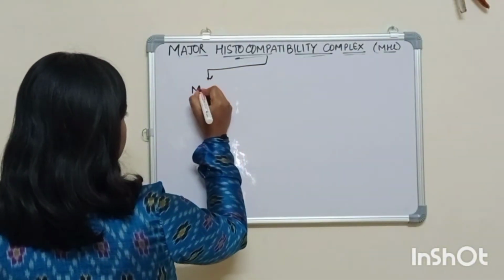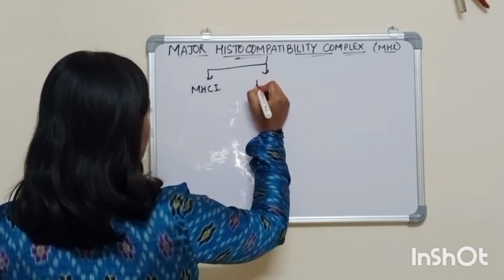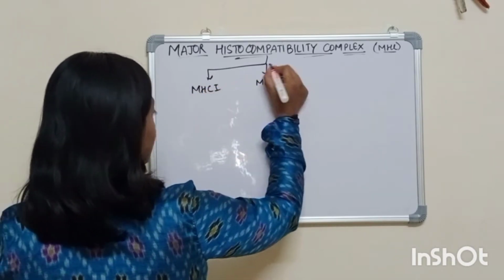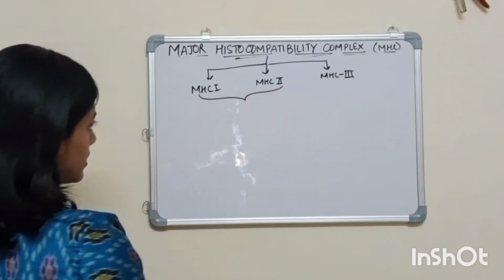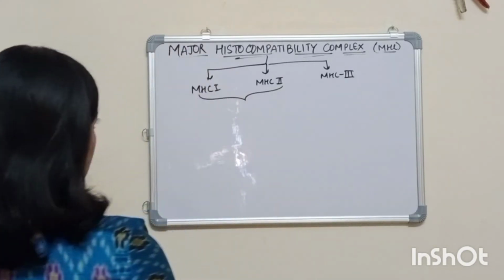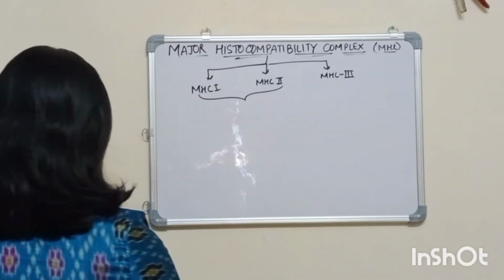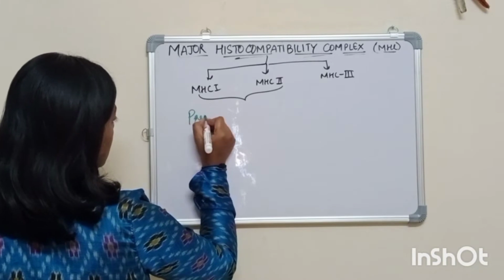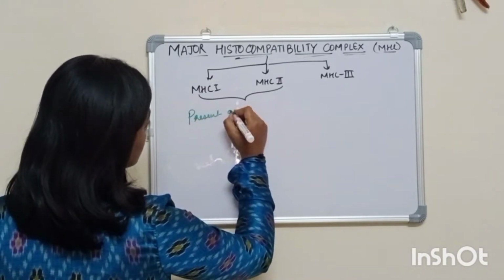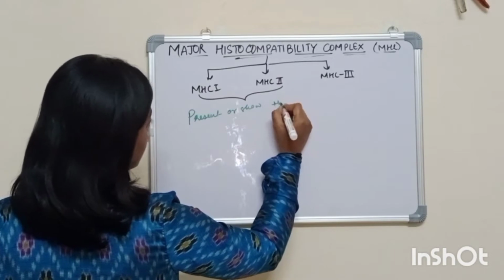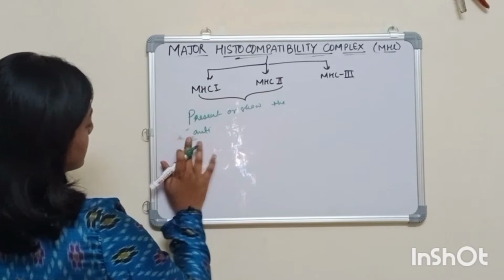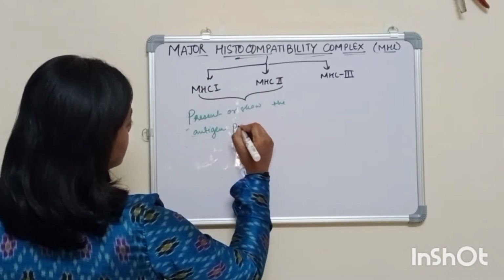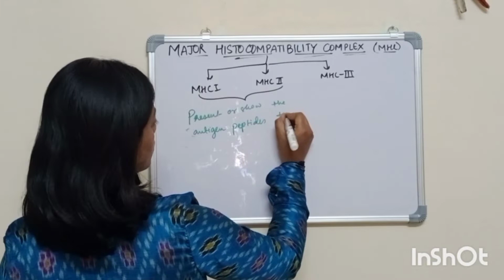Now MHC is of 3 types: MHC 1, 2 and 3. These 2 are very important. This is not that important. These 2 present or show the antigenic peptides to T cells.